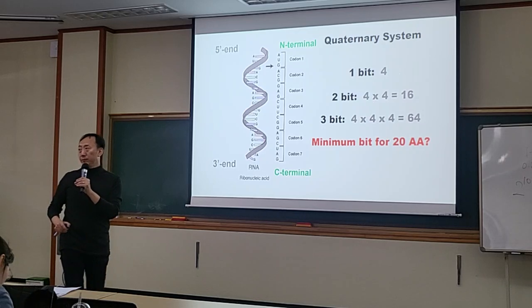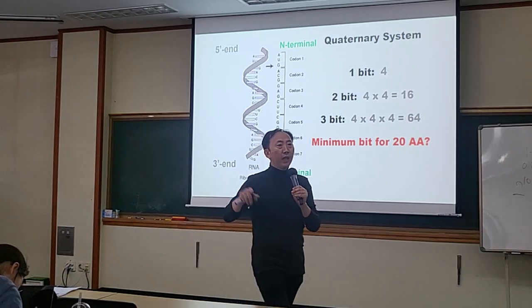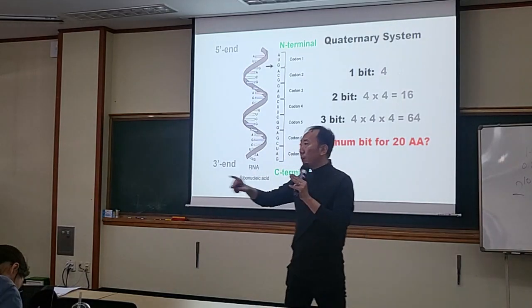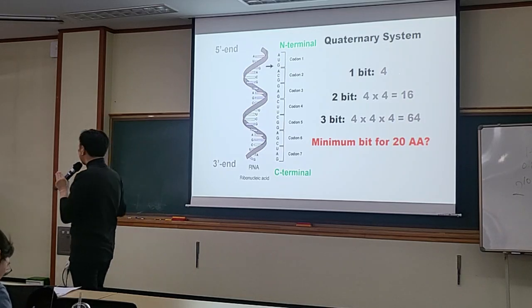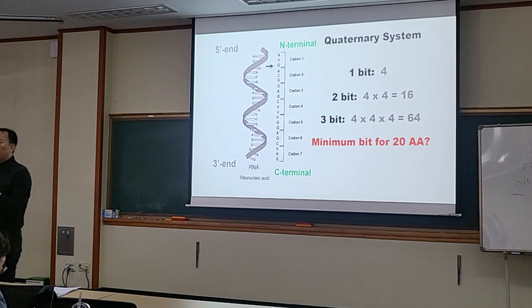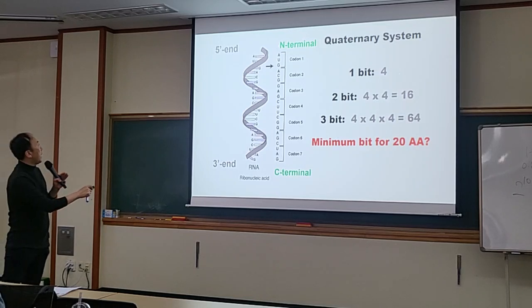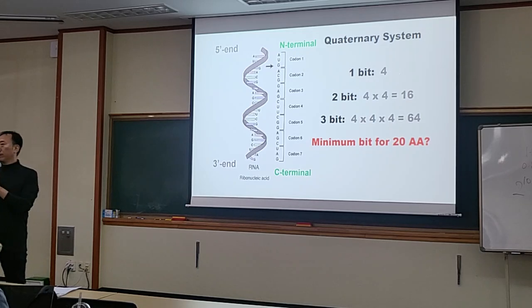That makes sense, right? So direction-wise, for an amino acid, there's an amino group and an acid group. If you make a protein, there's one end to the other end, and the direction is, genetic information-wise, from 5' to 3'. In the protein case, from N terminal to C terminal. That's the direction we usually draw this way. Okay.